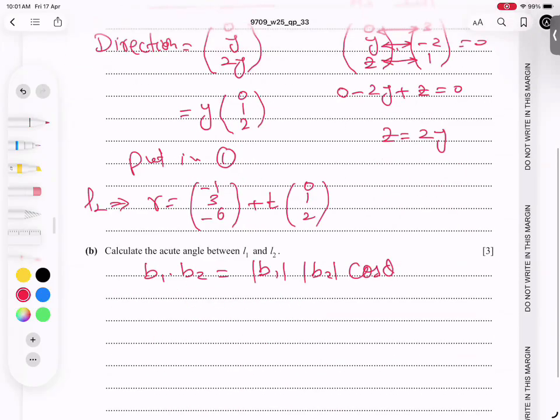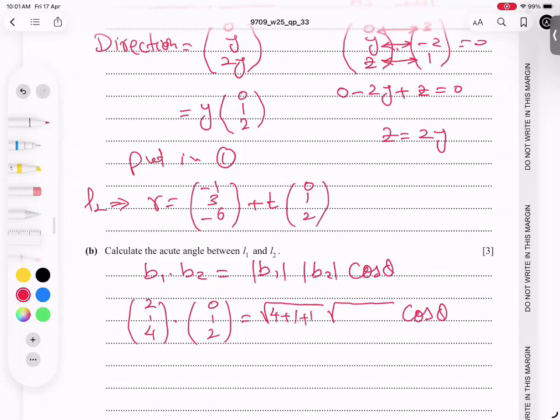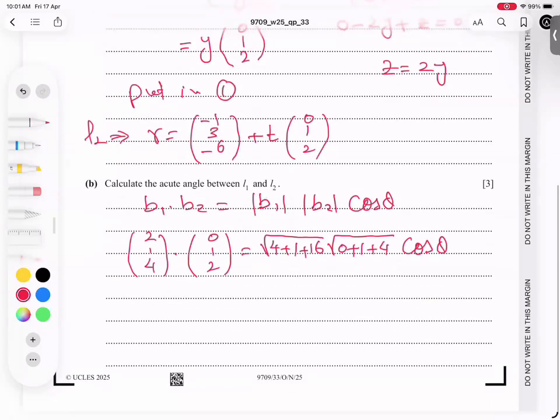So (2, 1, 4), I'm writing from the top, the first direction. In the second direction, we have here (0, 1, 2). And here I will write the magnitude of b1, the magnitude of b2, and that's it. So the square of 2 is 4, the square of 1 is 1, and the square of 4 is 16. The square of 0 is 0, the square of 1 is 1, the square of 2 is 4. And corresponding values will multiply, dot product always multiplies like this: 0 plus 1 plus 8.